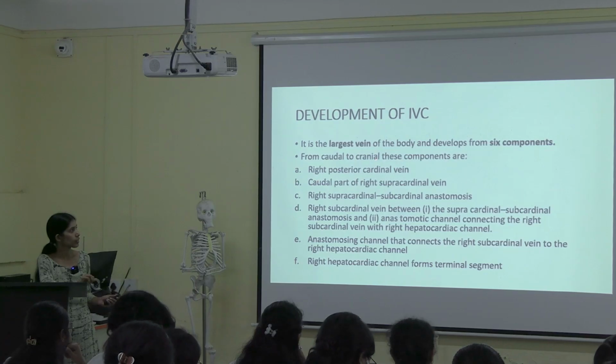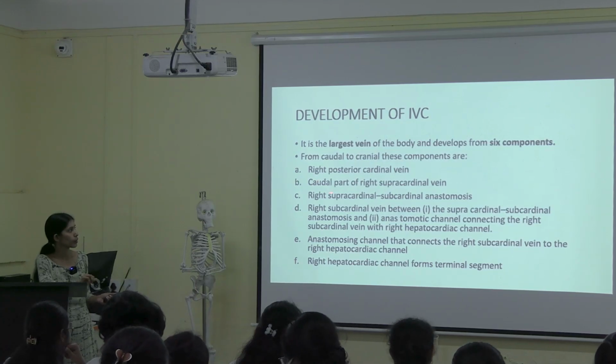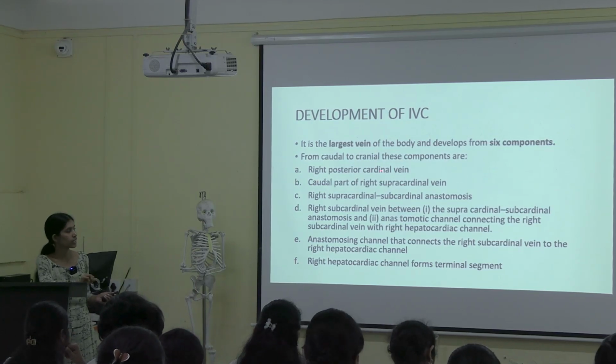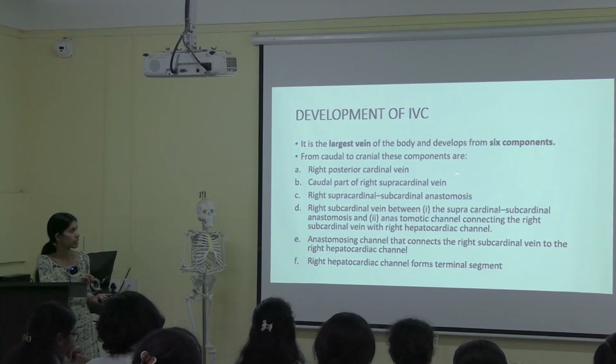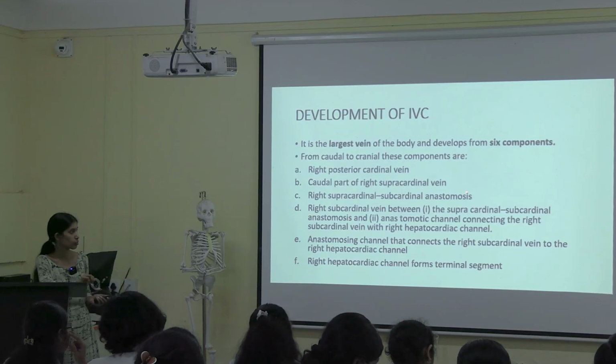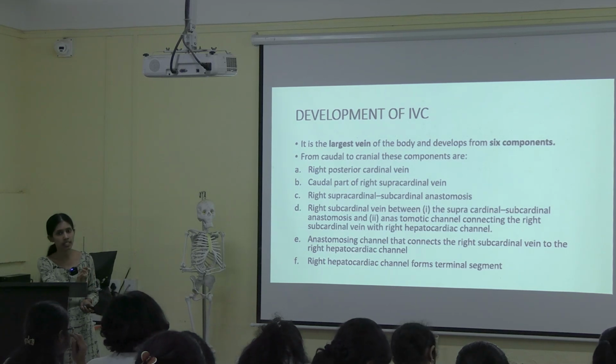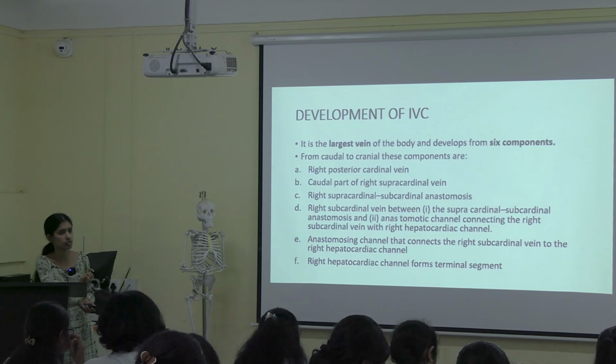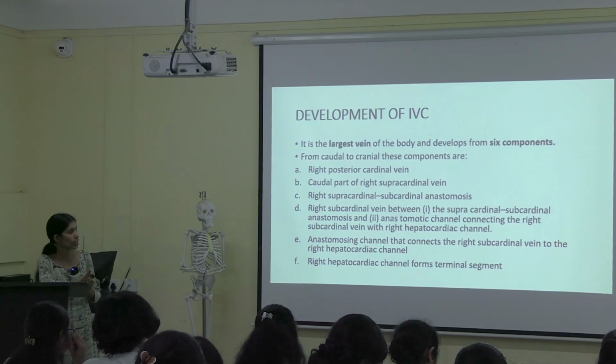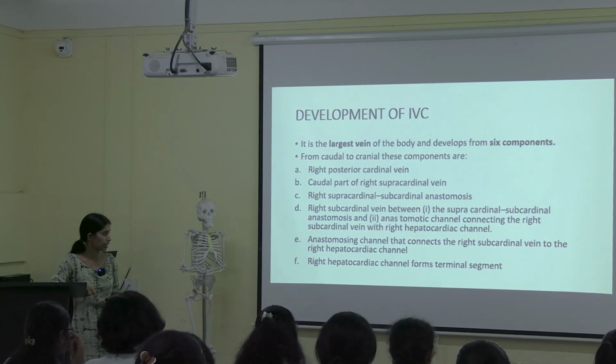From caudal to cranial, the 6 different components are right posterior cardinal vein, caudal part of right supracardinal vein and right supracardinal subcardinal anastomosis. Then we have right subcardinal vein that is present between the supracardinal and subcardinal anastomosis, and also the anastomotic channel containing the right subcardinal vein.